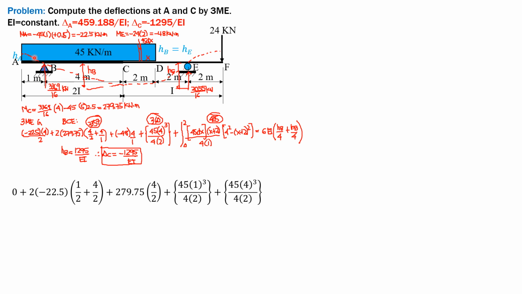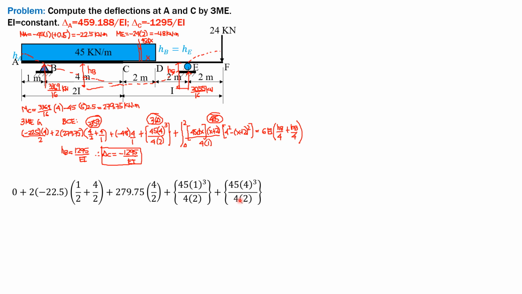So we have uniform load, the length is 1 meter. We can use the formula WL cube over 4. So 45 times 1 cube over 4 divided by I, which is 2. Then plus for portion BC, WL cube over 4 also divided by I, which is 2. So W is 45, length 4 cube divided by 4. That's the formula.